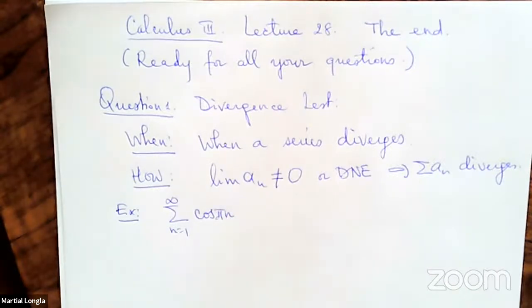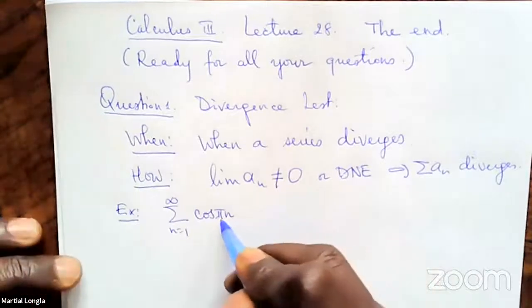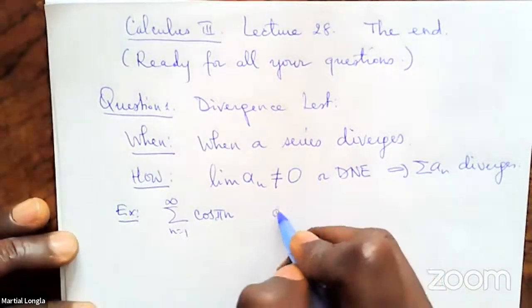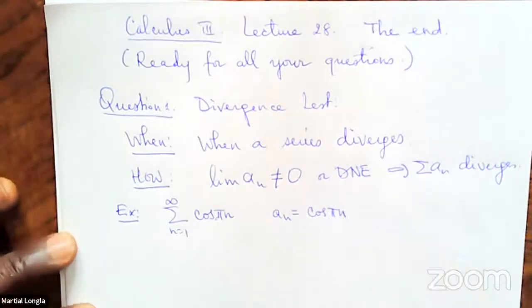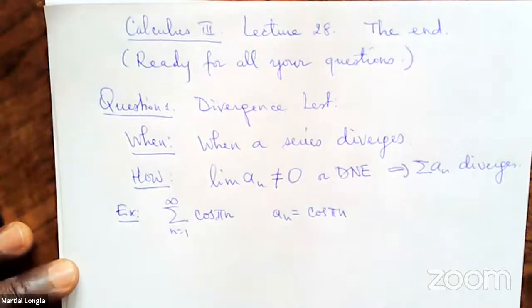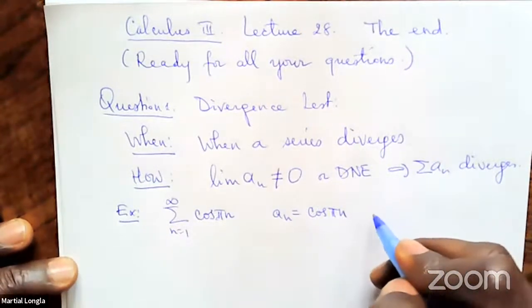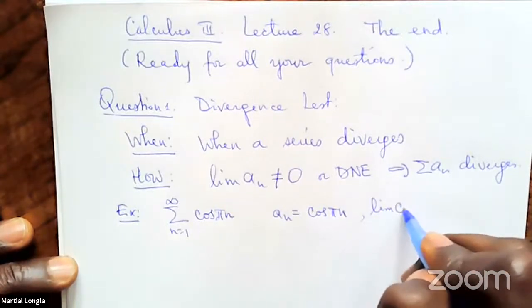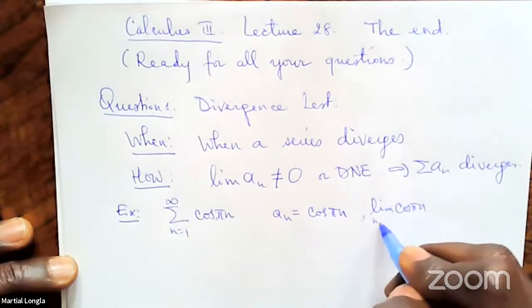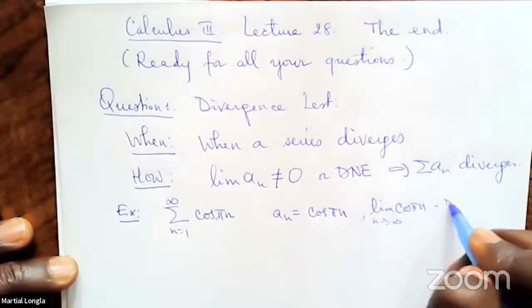Let's say we take a series like this. Obviously, for this series, an equals cosine of pi n. And cosine of pi n doesn't have a limit. As n goes to infinity, this thing does not exist.